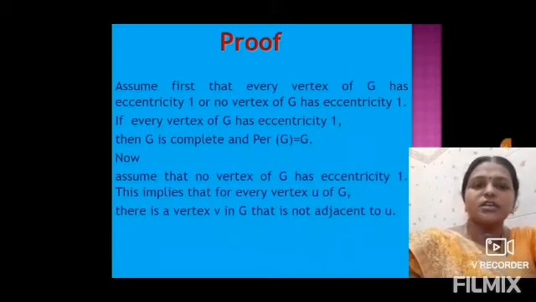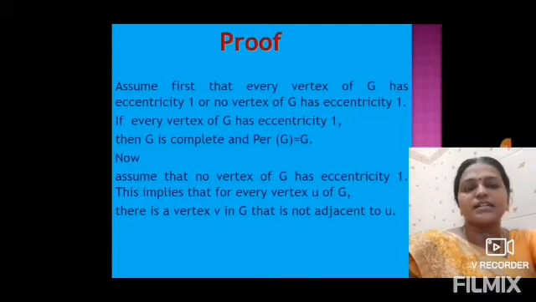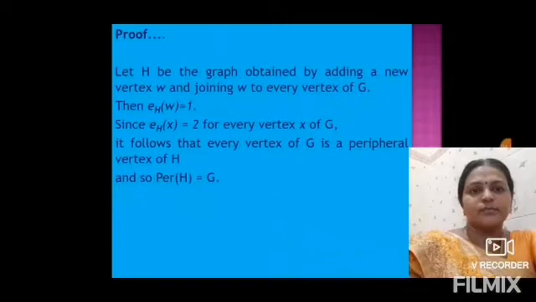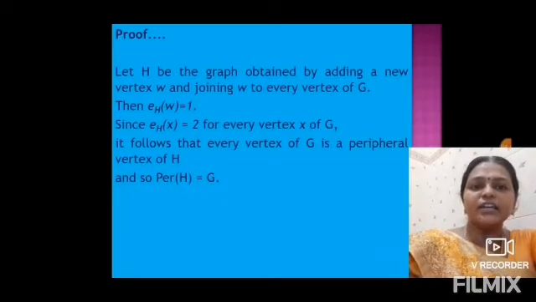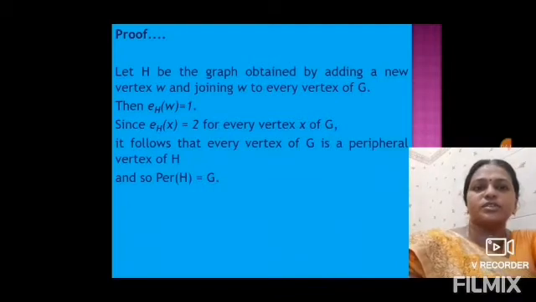Now assume that no vertex of G has eccentricity 1. This implies that for every vertex U of G, there is a vertex V in G that is not adjacent to U. Let H be the graph obtained by adding a new vertex W and joining W to every vertex of G. Then the eccentricity of W in H is equal to 1.